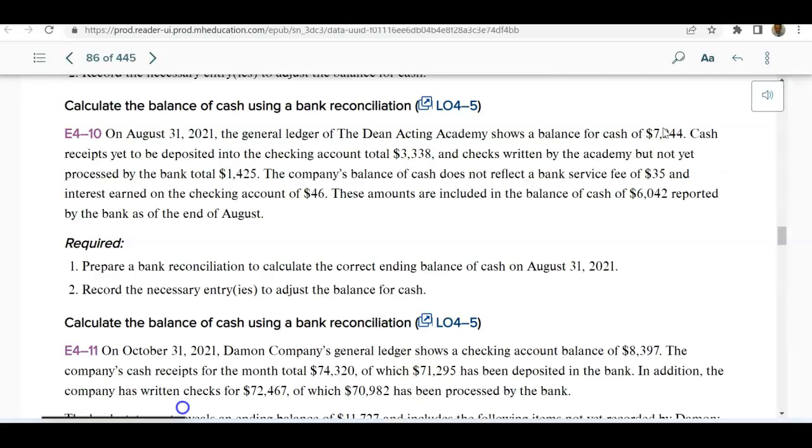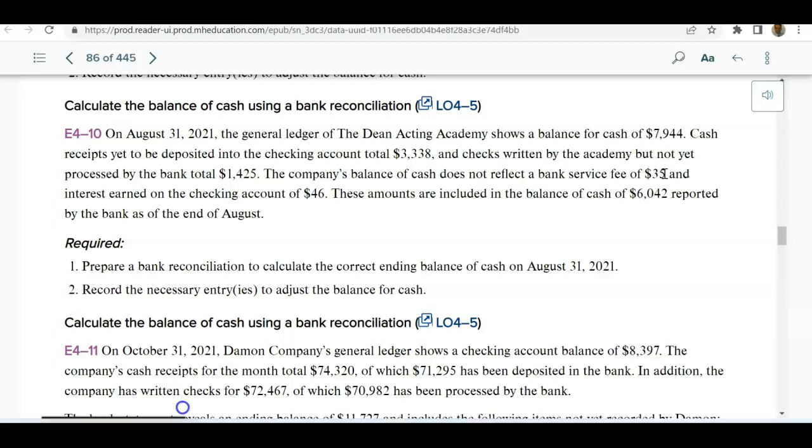Okay, so that's your cash balance. Cash receipts yet to be deposited into the checking account totaled $3,338, and checks written by the company but not yet processed by the bank total $1,425. The company's balance of cash does not reflect a bank service fee of $35.